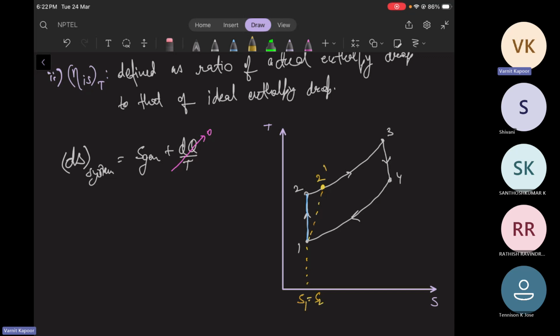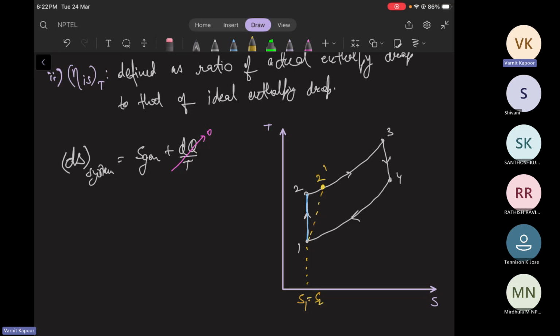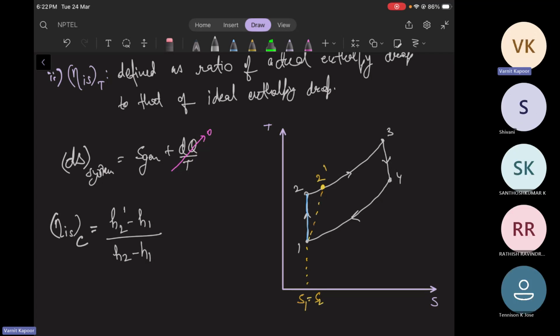So if entropy is going to increase, eventually the enthalpy rise is also going to increase. So I can write the isentropic efficiency of a compressor as H2 dash minus H1, that is your realistic scenario, to that of H2 minus H1, that is your ideal scenario.